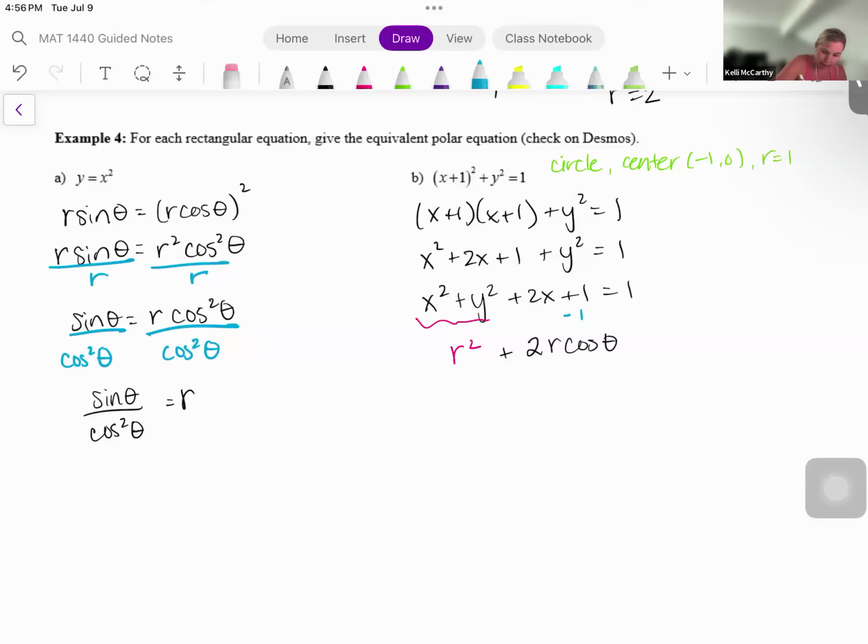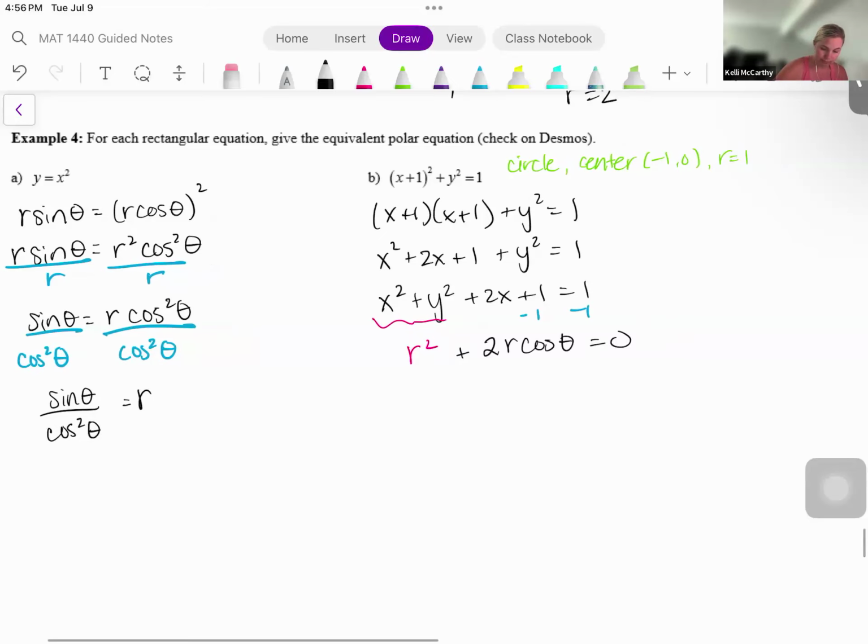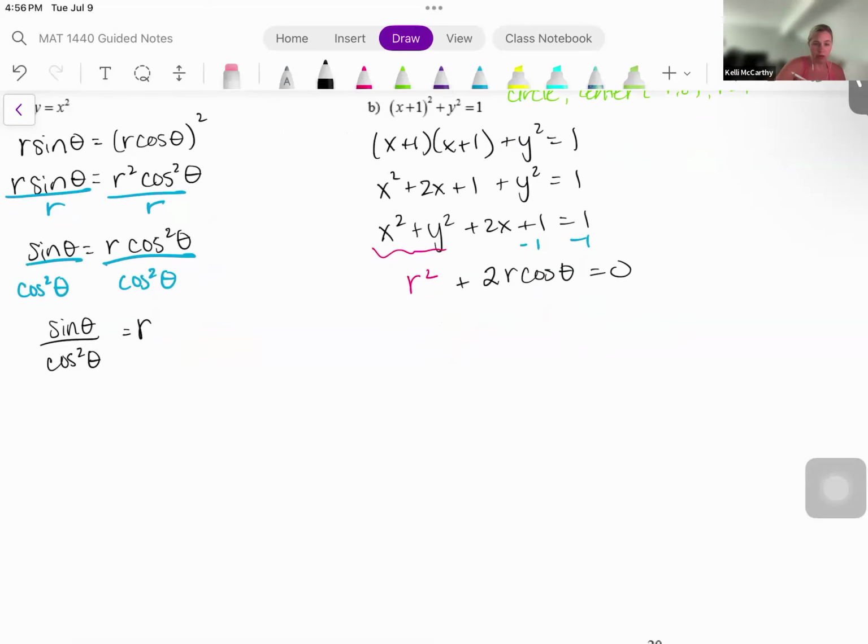And while I'm here, I'm going to go ahead and subtract 1 from both sides, so this is now equal to 0. I'm going to move one of these terms to the other side of the equation. So r squared equals negative 2r cosine theta, so that I can now divide both sides by one factor of r. So we get that r is equal to negative 2 cosine theta.